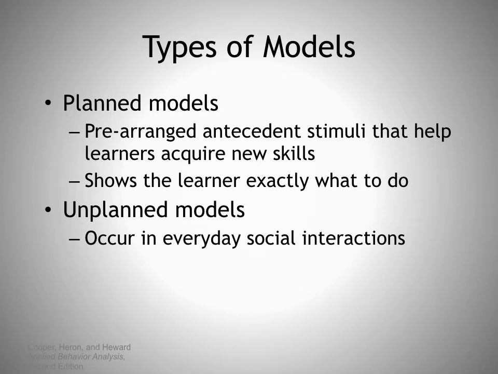So as you see in my article about video modeling intervention, the models in the video clip in the video modeling intervention can be an example of planned models. And unplanned models: all antecedent stimuli with the capacity to evoke imitation are potentially unplanned models. Unplanned models occasion many new forms of behavior because imitating the behavior of others in everyday social interaction frequently produces new and helpful adaptive behaviors.